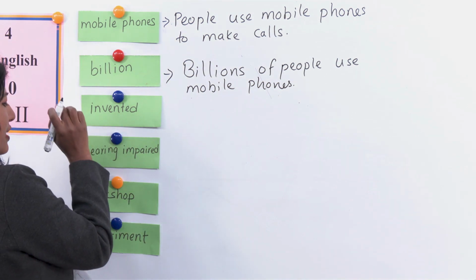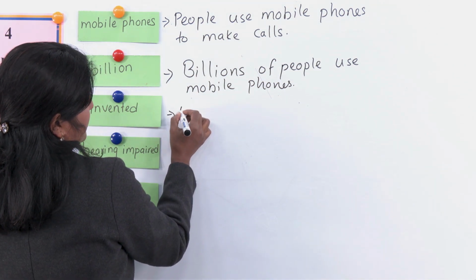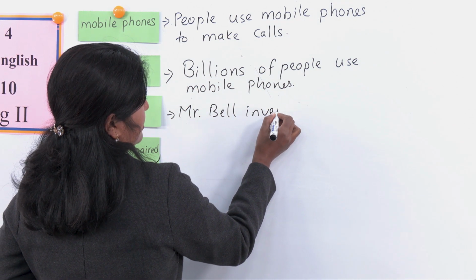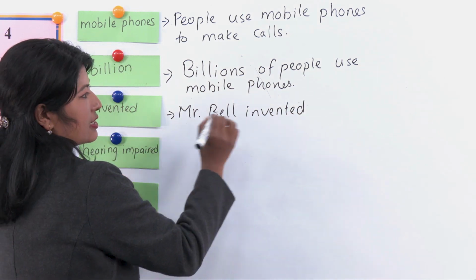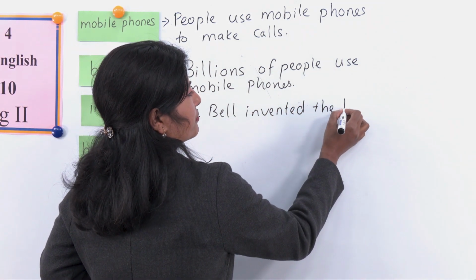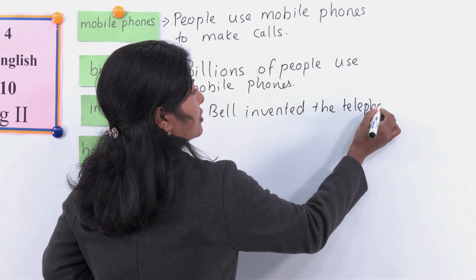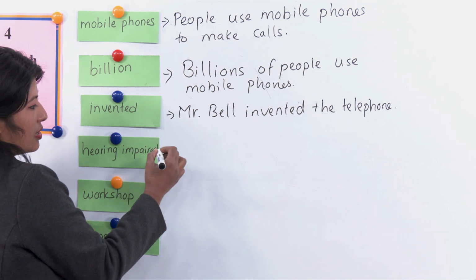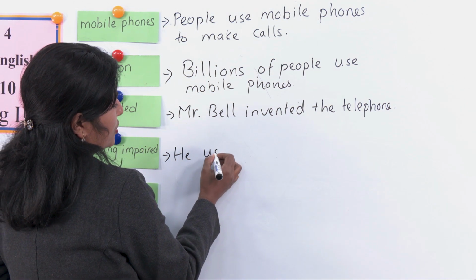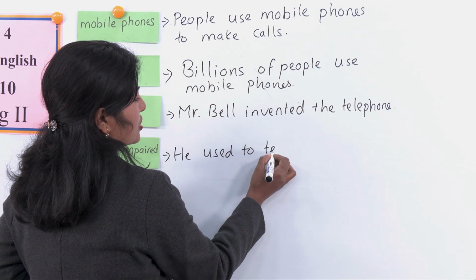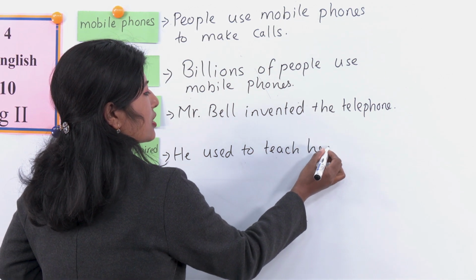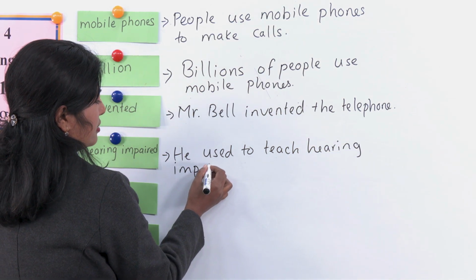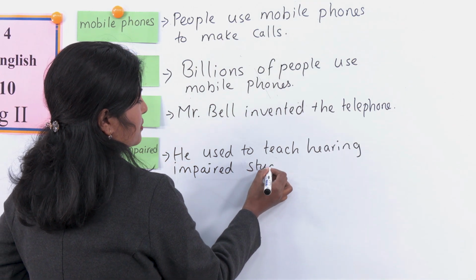Now let's use invented. Mr. Bell invented the telephone. Hearing impaired. He used to teach hearing impaired students.